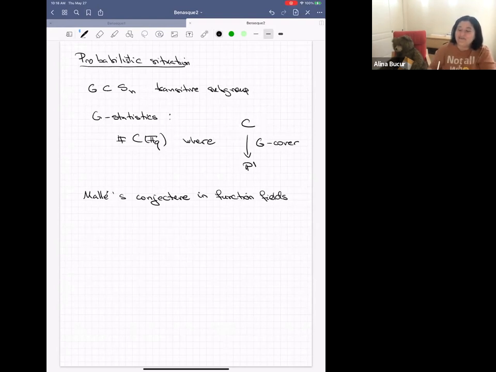But this at least has been fixed by Türkelli, who I think in 2008 gave a formulation for this. He formulated Malle over F_q(T).